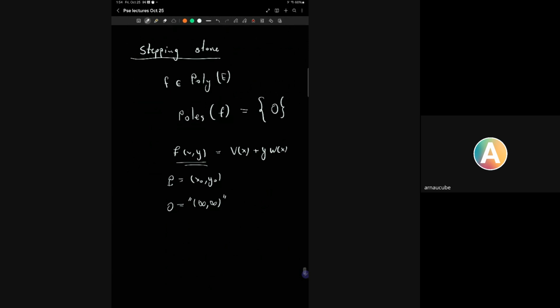But in fact, we had a proposition that showed that the order of a polynomial at the point at infinity, which we know is a pole, is exactly minus the degree of f.